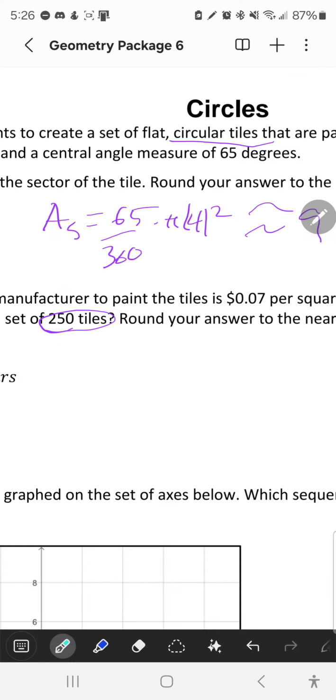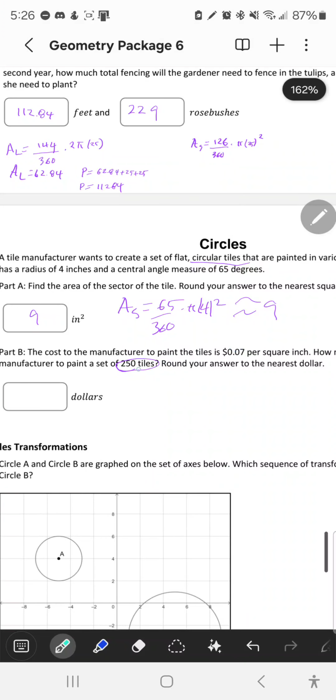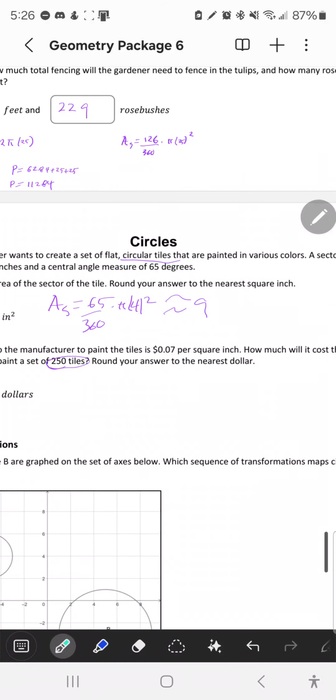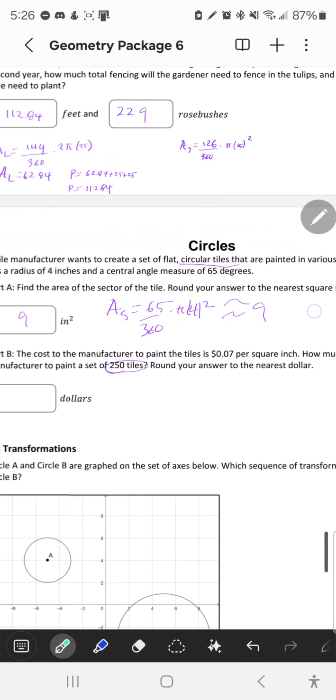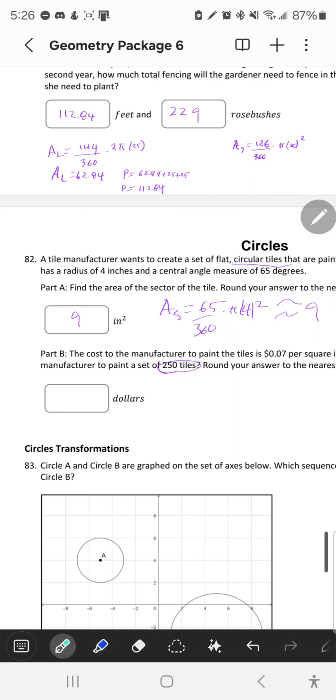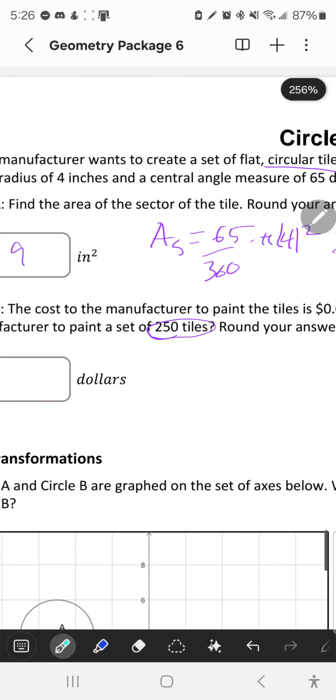So I'm supposing that it means 250 circle tiles whose primary color has a radius of 4 inches. Okay, that's what I'm thinking.